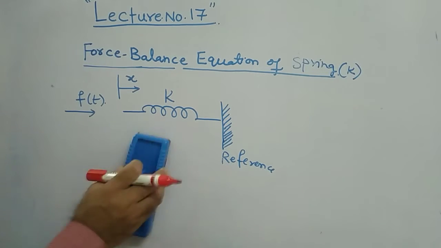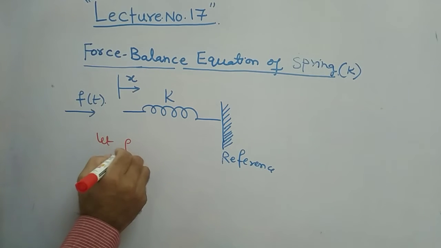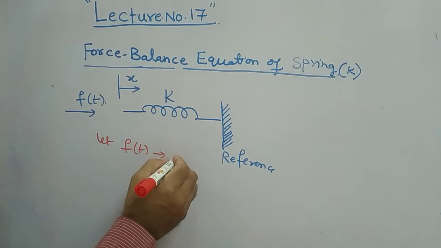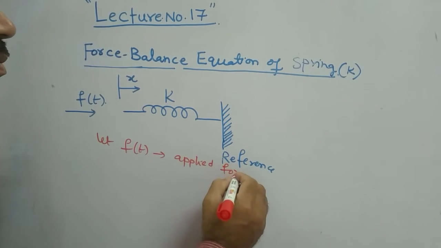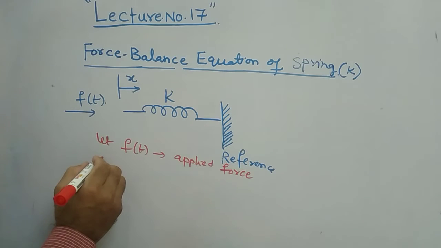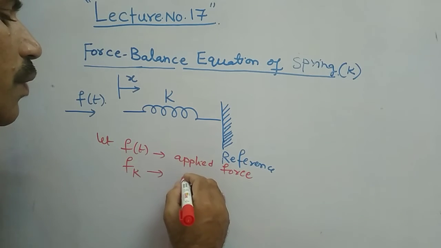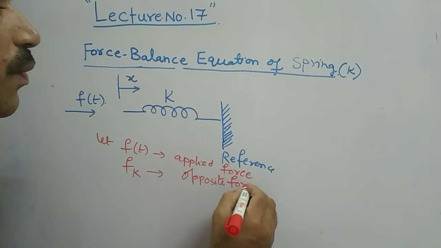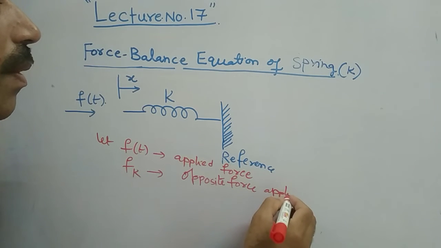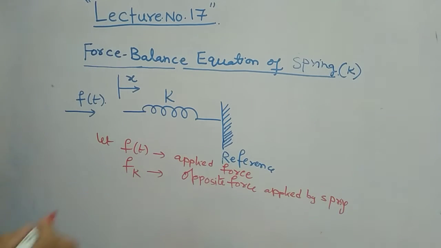Let f of t be your applied force, and F suffix k is the opposite force applied by the spring.